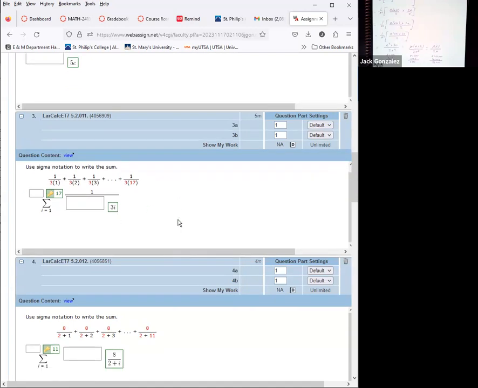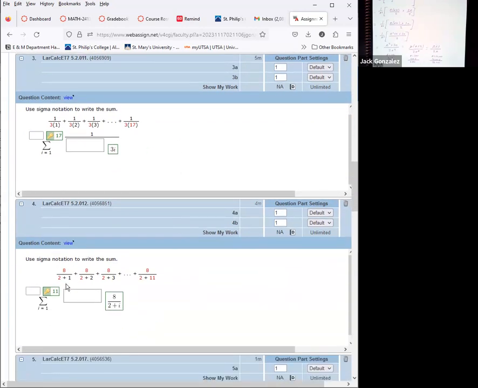Okay. Same thing here. Pattern is the +1, +2, +3. So that's going to be the I part right here. Index starts at 2. Actually, sorry, starts at 1, goes to 11.